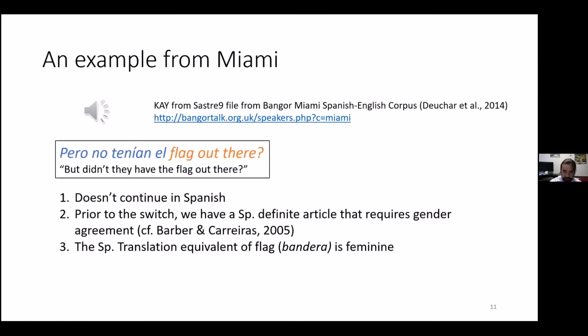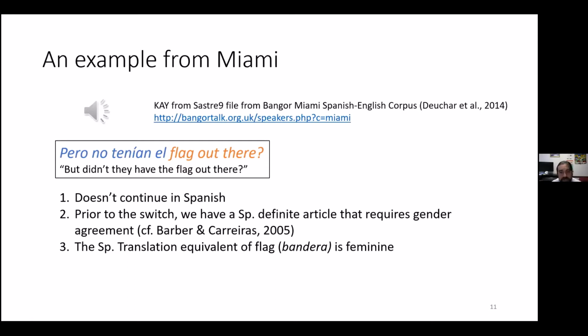Pero no tenían el flag out there. Just to show this one more time as a concrete example, here I'm extracting an example from a spoken language corpus from Miami, where there's a lot of code switching that takes place. Here we see a very fluid switch that starts in Spanish, then continues into English: pero no tenían el flag out there.